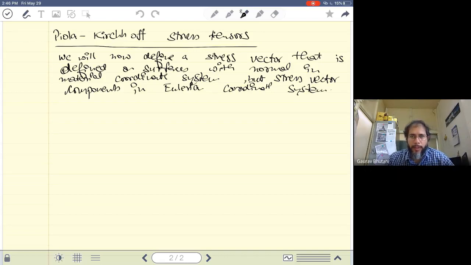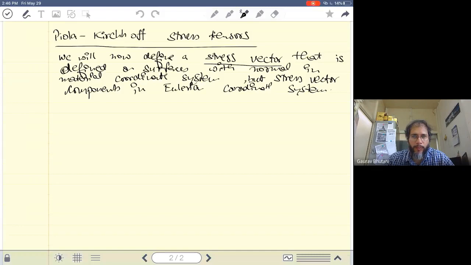Okay, so let's read this definition of a new stress vector. We are defining a stress vector, not a tensor. If you remember the stress vector that we had defined previously, which was T, it has two different characteristics, two different quantities we need to quantify.